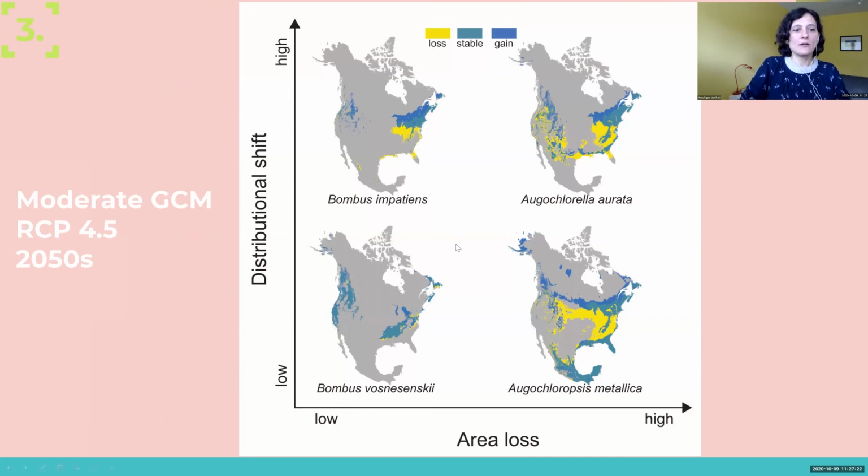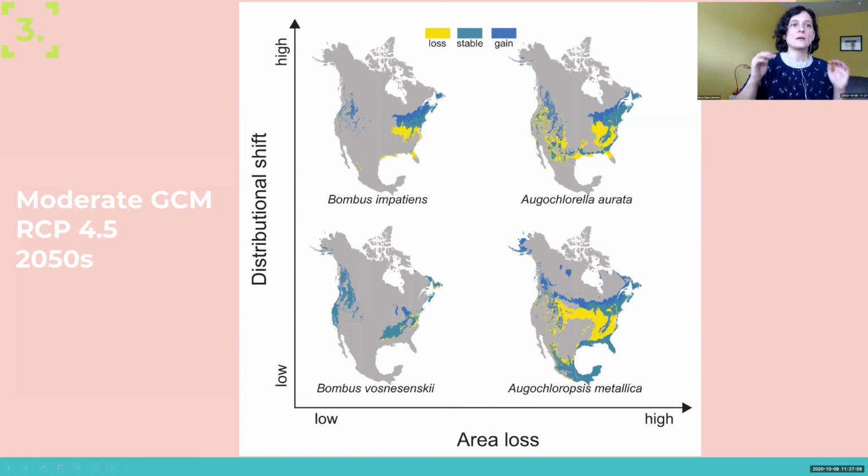In this graphic, we are showing the area loss on the x-axis from current to future, and on the y-axis the spatial shift, the distributional shift of the potential distribution from current to future. By future, I'm showing just one GCM, the moderate GCM that projects moderate change in temperature and precipitation, the moderate emission scenario, and the 2050s time frame.